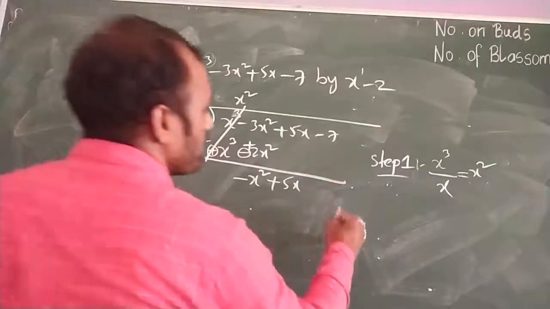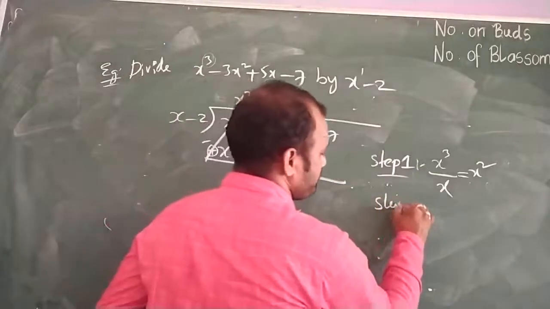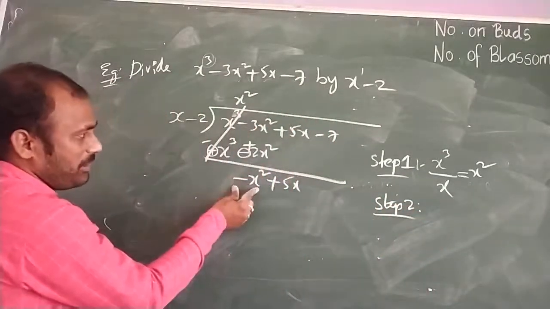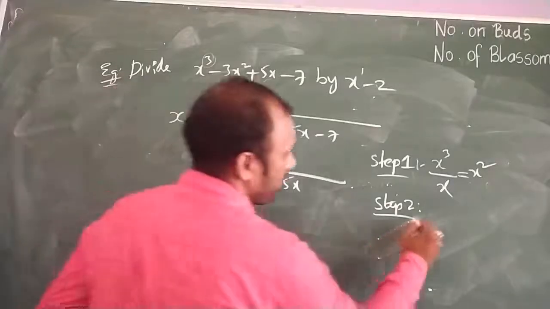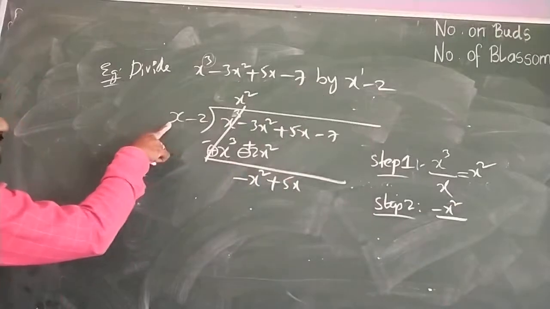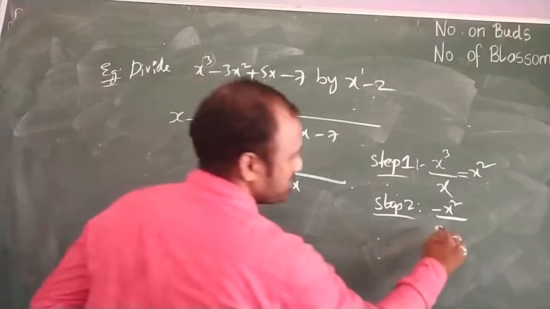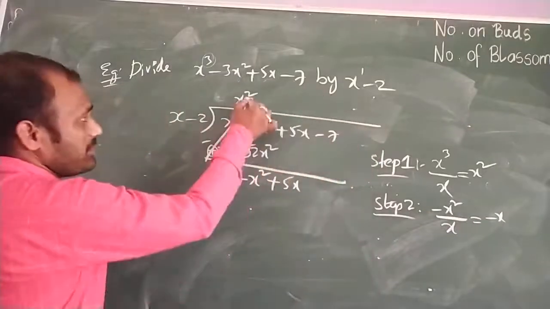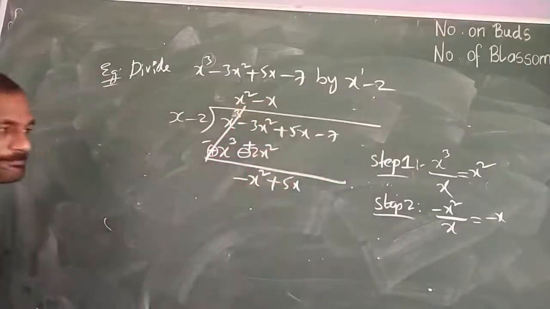Next we continue with step 2. Whatever first term came in the division, we take here, that is minus x square divided by the first term of g of x, which is x. So it will come as minus x. Put here minus x.